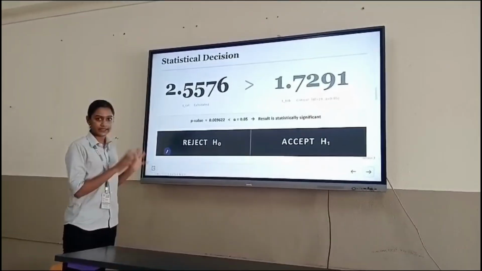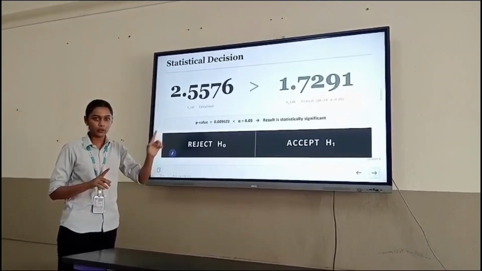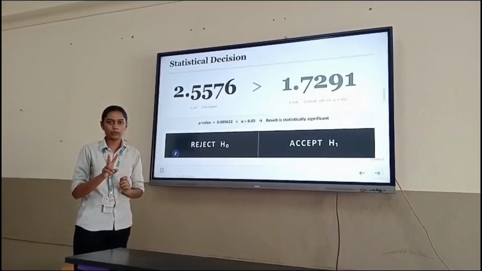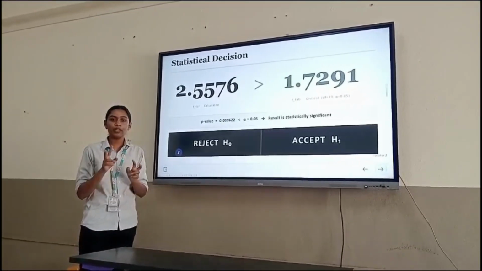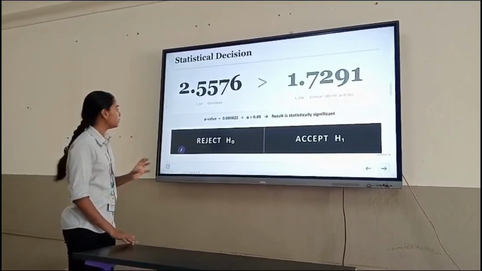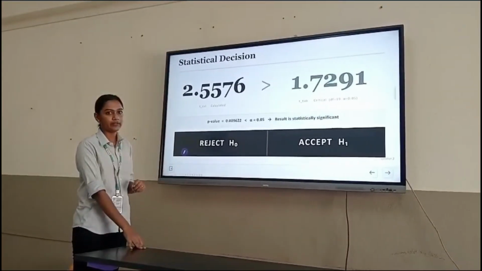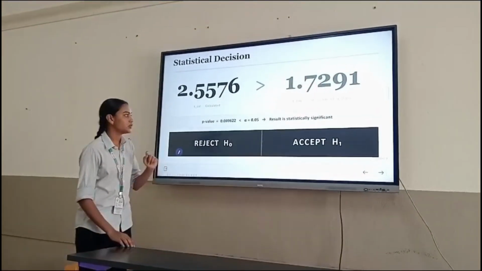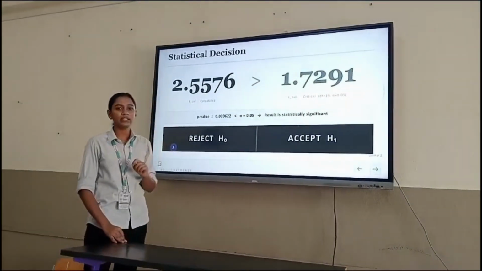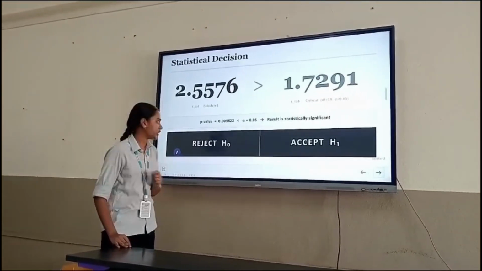As we see in the result, the t-calculated value is greater than the t-tabulated value. Since the t-calculated value is greater than the t-tabulated value, the conclusion is that a statistically significant difference is given and the null hypothesis is rejected.